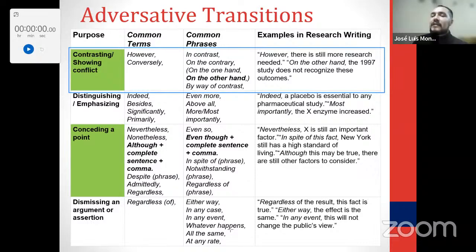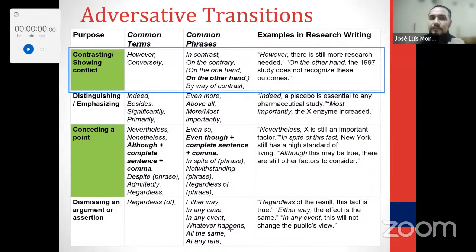Good. Thank you, Michaela. So this is the most common one, contrast. In contrast, you only need to show a conflict between two things. And again, the easiest way to understand this idea is by saying that you like one color, however, the other person likes a different color. That you like soccer, however, the other person likes basketball.